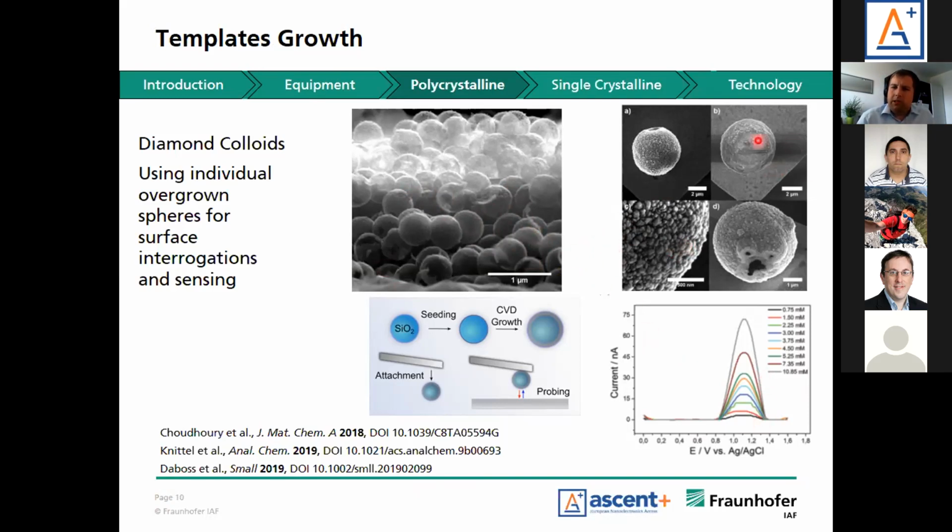Also, you can use these individually, as it has been done here on an AFM cantilever. And if they are boron doped, you can even do electrochemistry on the end of this cantilever. And here is actually shown the detection of dopamine on one of these colloids on the cantilever.